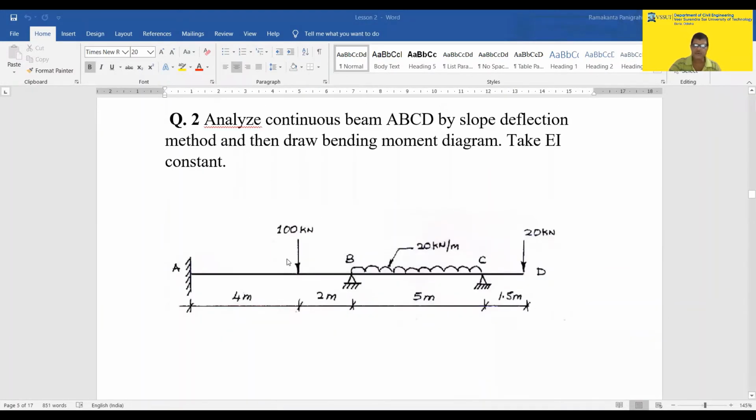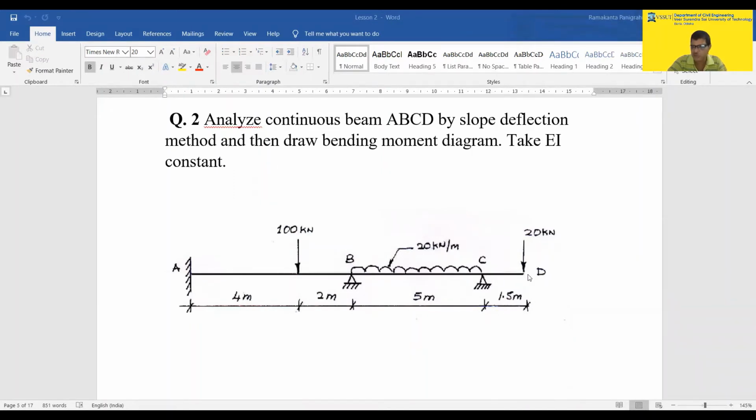Now, in this example, it is a continuous beam ABCD with an overhanging portion here, with a 20 kilonewton load at 1.5 meter span. Draw the bending moment diagram for this problem. Here, A is fixed, so theta A is equal to 0, then theta B and theta C. The difference between these two problems: the same problem is given here, but it is overhanging here.